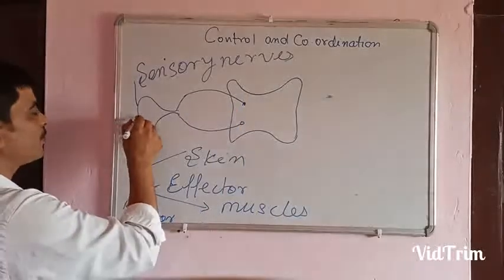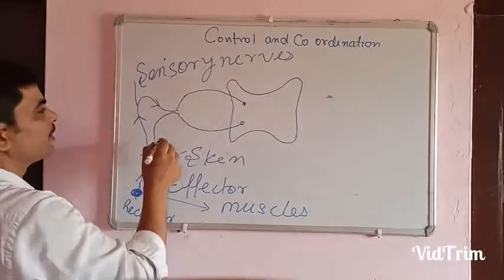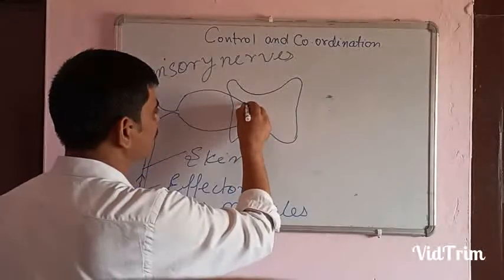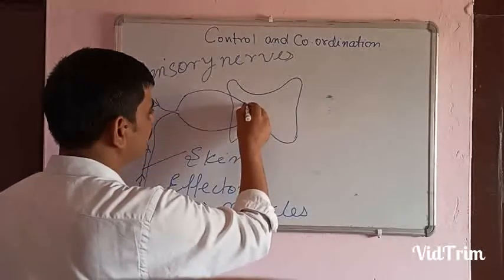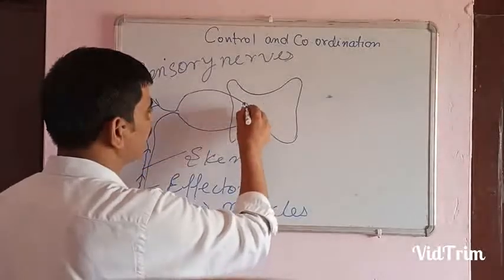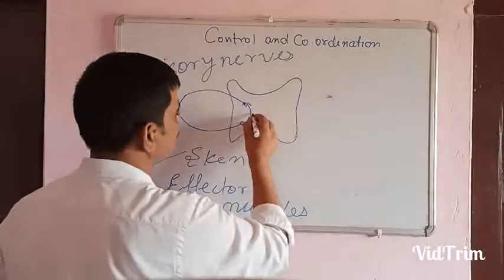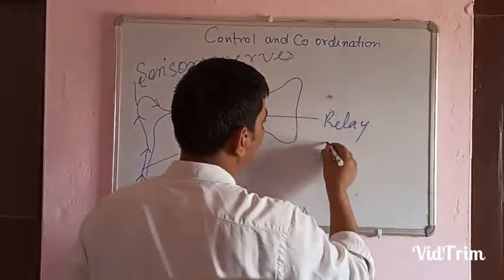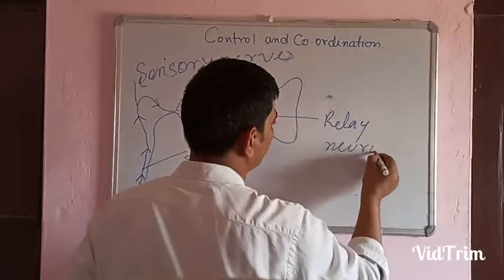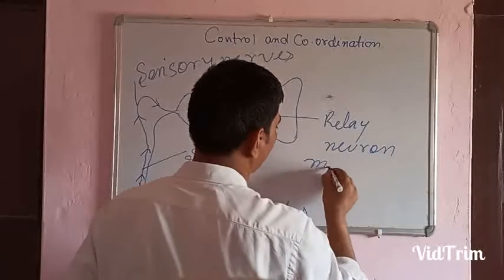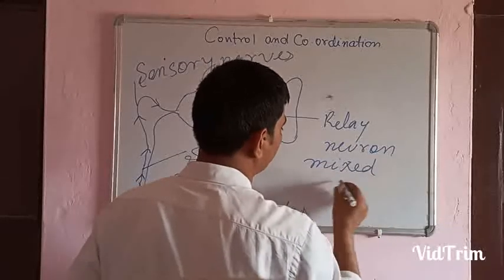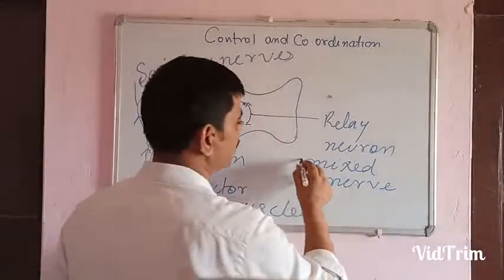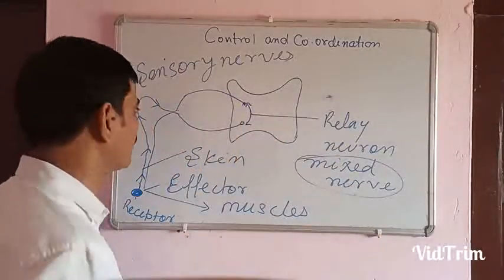So these send the information to the spinal cord. Here many neurons are present, and here one more type of nerve is there, and that is called the relay neuron or mixed neuron. Mixed nerve means it performs both kinds of work, sensory as well as motor.